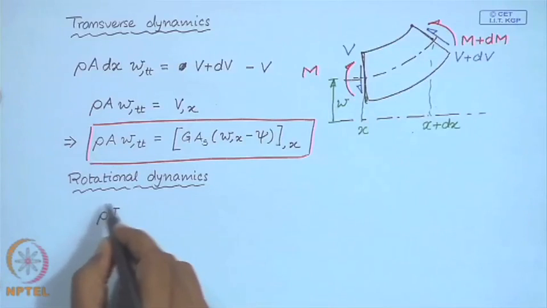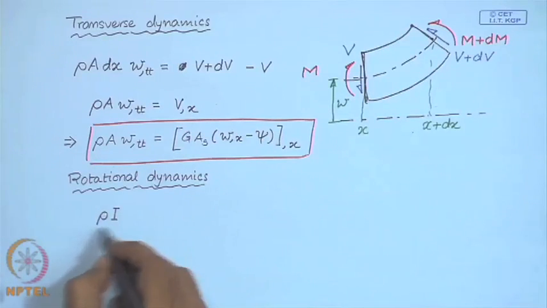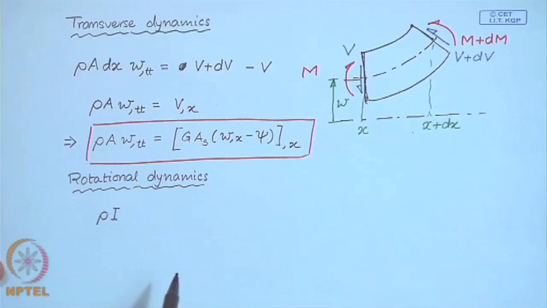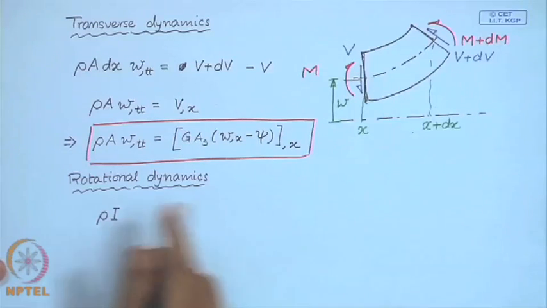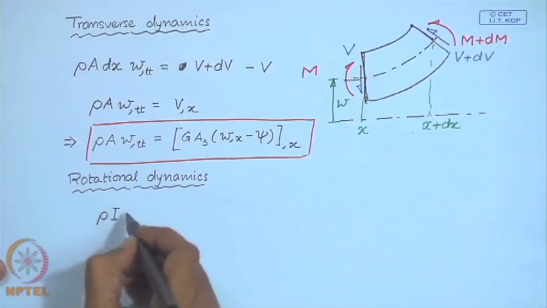As we have discussed previously as well, this is the moment of inertia about the neutral axis per unit length.